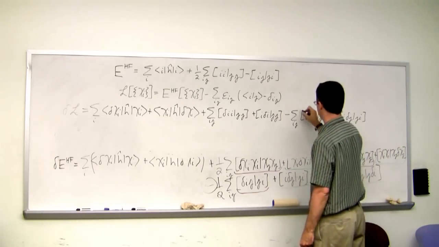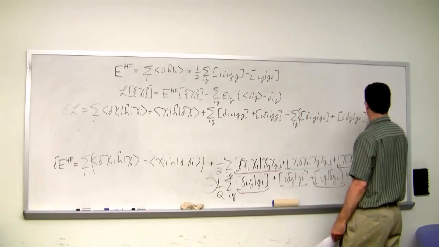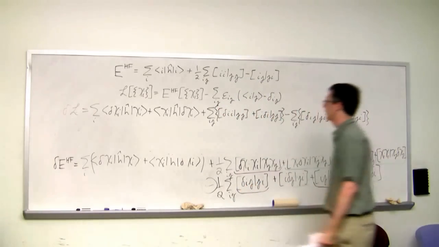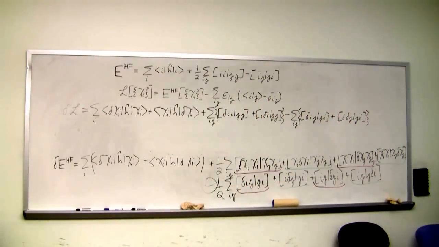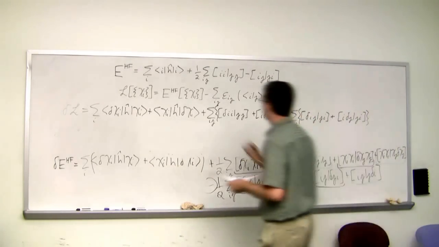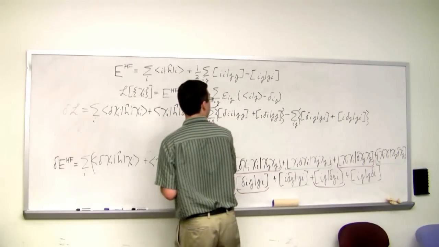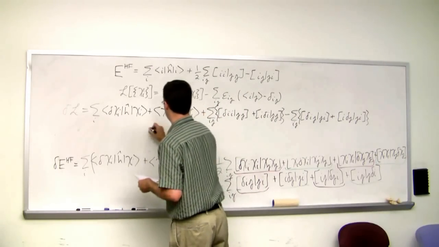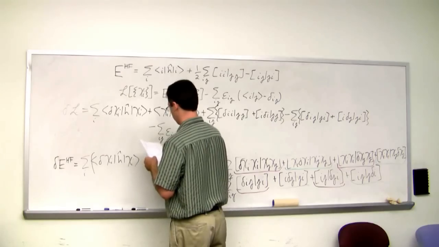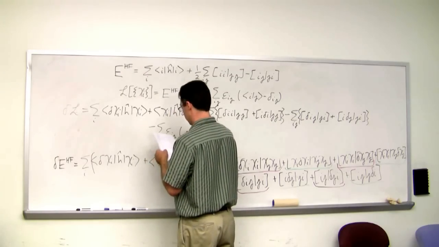And maybe to make this clear, let me put some brackets here to show that the sums go across like that. Okay. I'm not done yet because I still had this piece. So let me write that down. Minus sum over ij, epsilon ij, these are my undetermined multipliers.